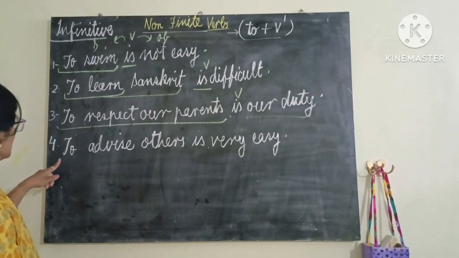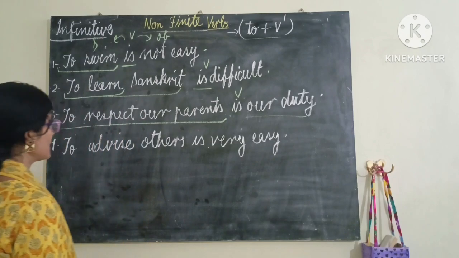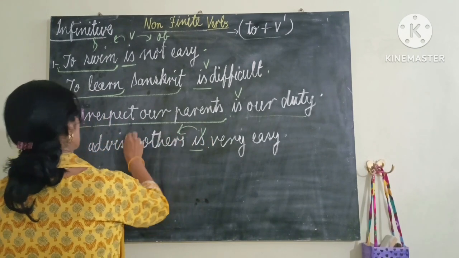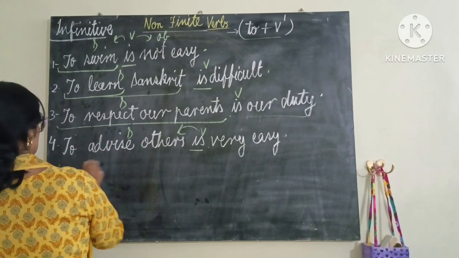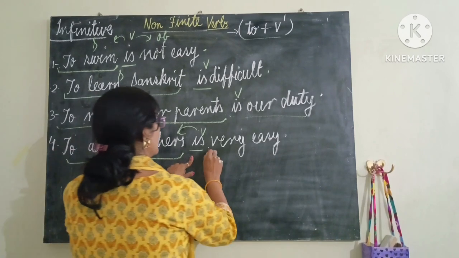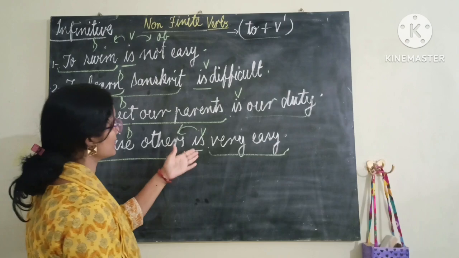Now next sentence. To advise others is very easy. What is the subject here? Before the verb, of course. This is the subject. And this is the verb. And this is the complement. Why? Because you can see being verbs are written.